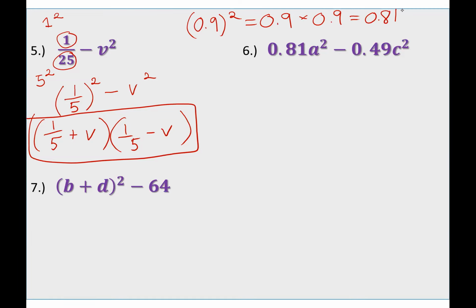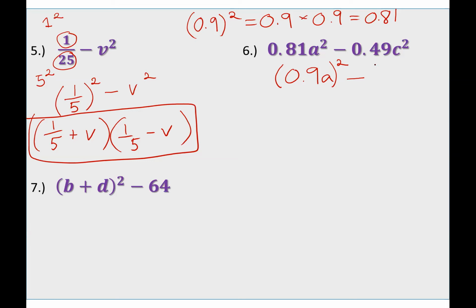You can use your calculator to help you. So for this 0.81 a squared, I would rewrite that in parentheses as 0.9a close parentheses squared minus. For the second term, it's similar, 0.49 c squared. Look at that as 49. Just check on your calculator. If you do 0.7 times 0.7, it is 0.49.